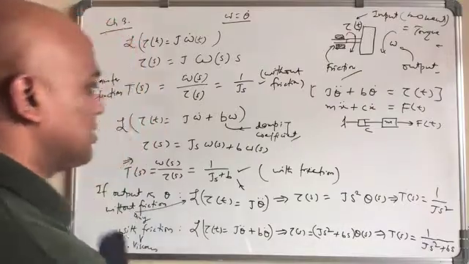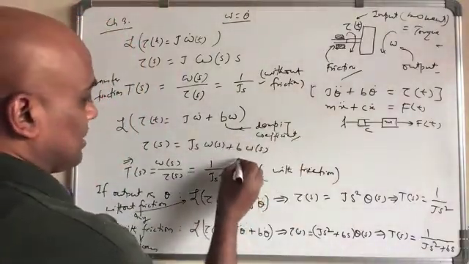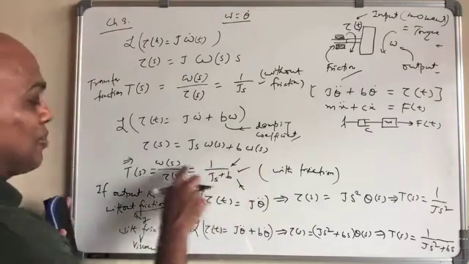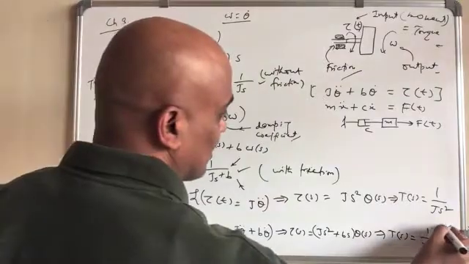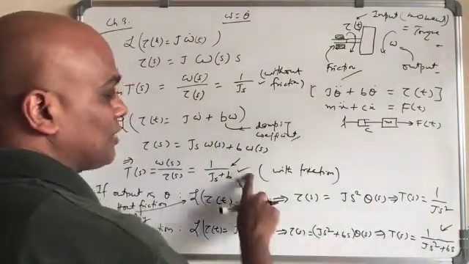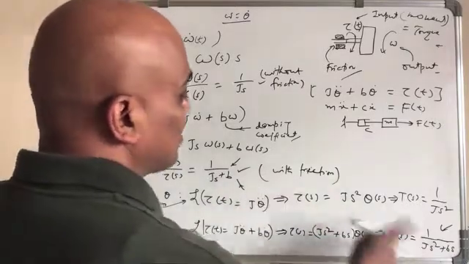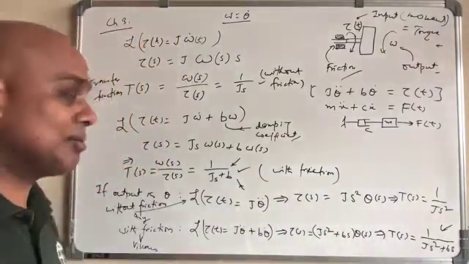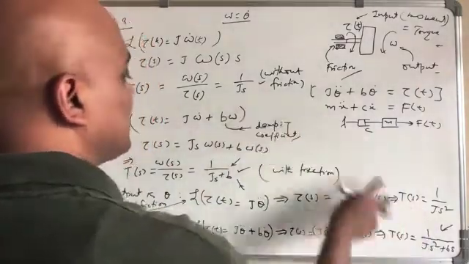Okay, so remember this transfer function, this one is when the output is omega, that's angular velocity, and this transfer function when output is theta. For the same system, if the output is different, the transfer function will be different. Similarly for this one, this and this both represent the same system.